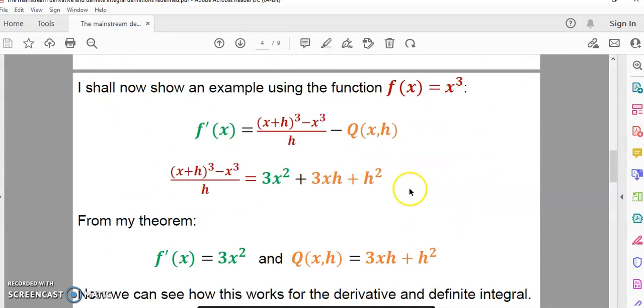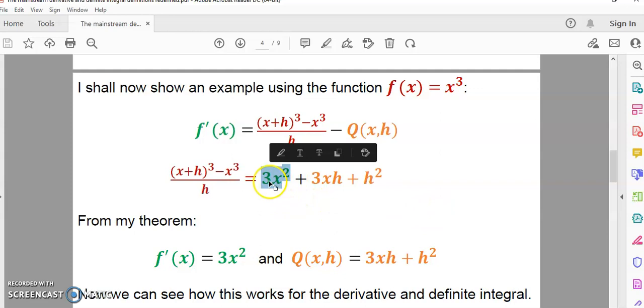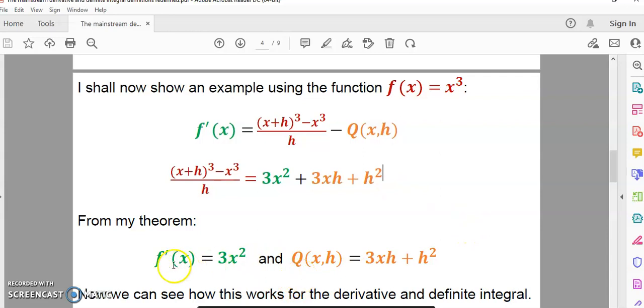And in my example, I will use the cubic function. If we take this cubic function and expand it, according to my theorem, this will be the derivative and this will be the difference in the slopes. So the derivative in this case is 3x squared and the difference is 3xh plus h squared.